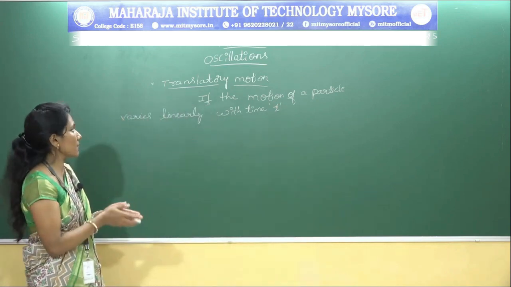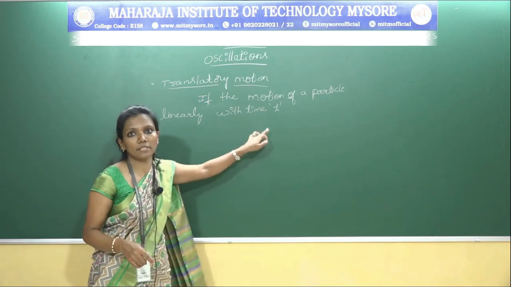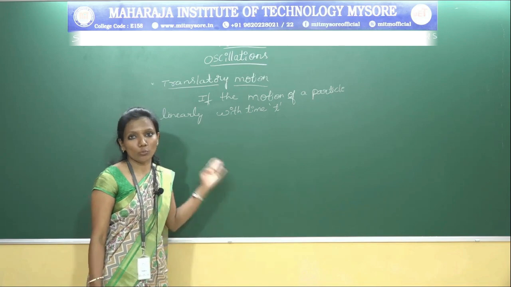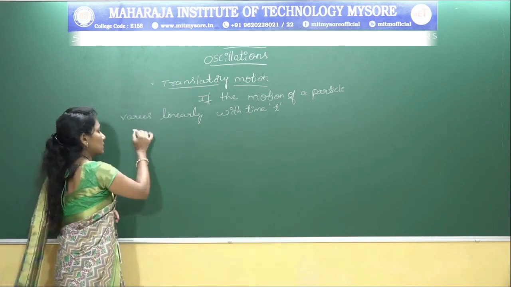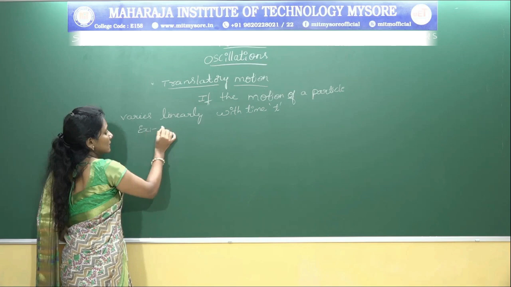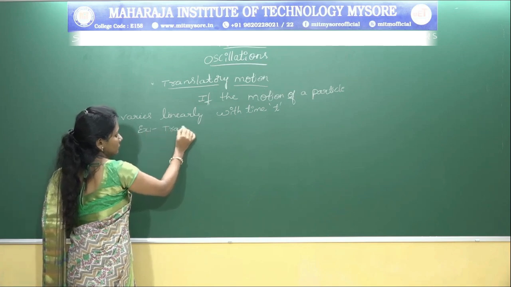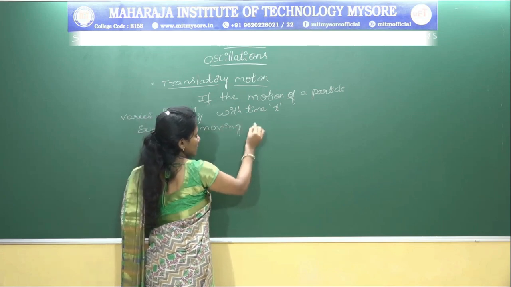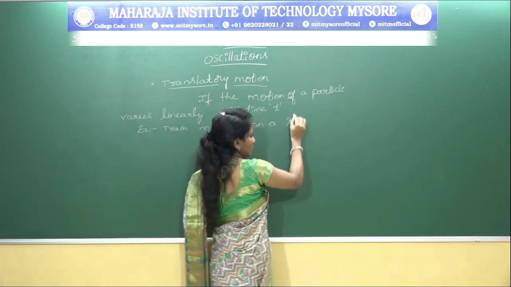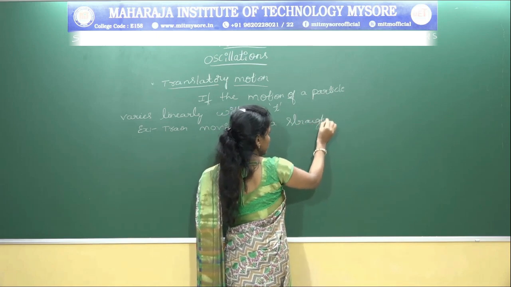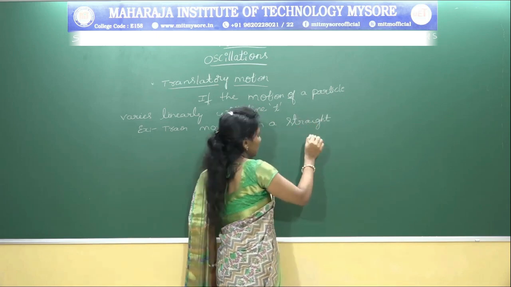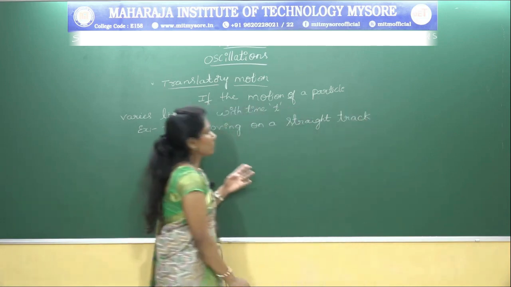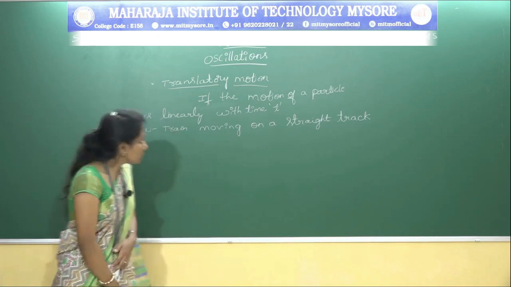That type of motion we call translatory motion. For example, we can give a train moving on a straight track. Okay. This is the best example we can give.